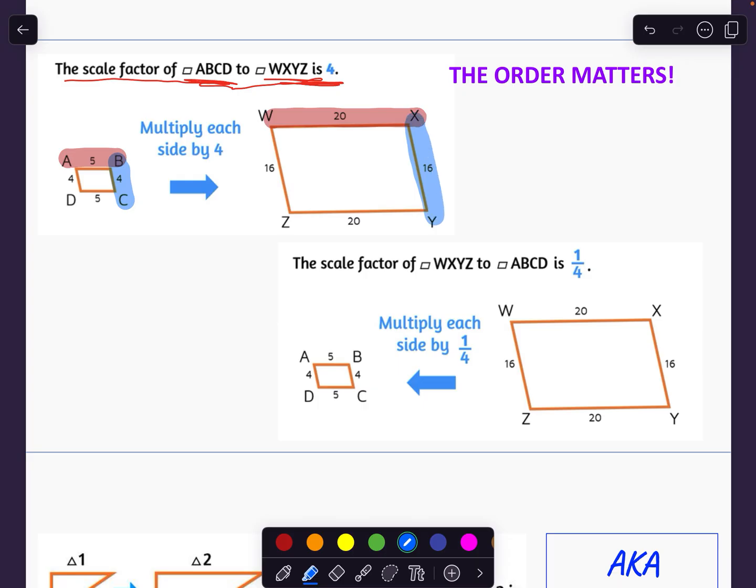It's 16. But if I went the other way, the scale factor of parallelogram WXYZ to parallelogram ABCD is 1/4. That makes sense because this is smaller than 1, so it would be shrinking as it goes to that small one. So this side, this WZ 16 unit side, is shrunk down 4 times when you get to the small one.